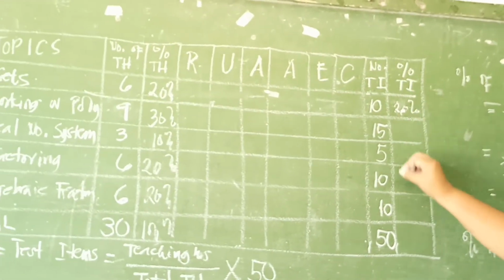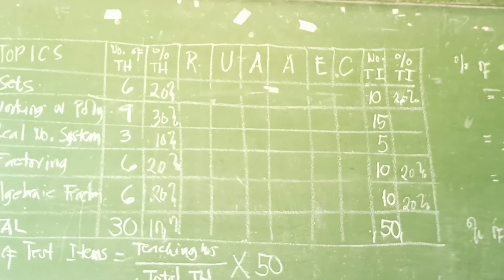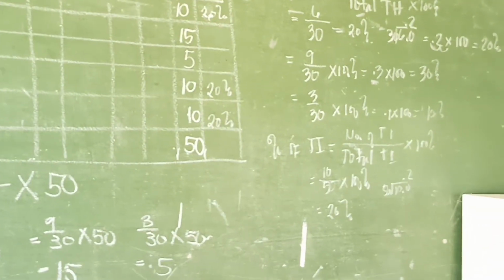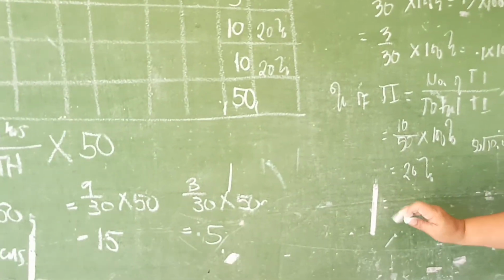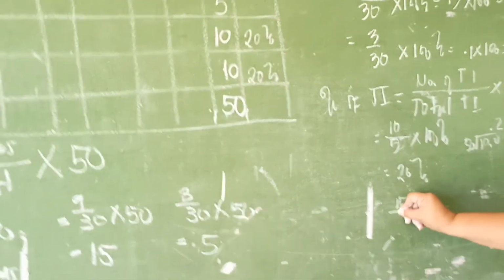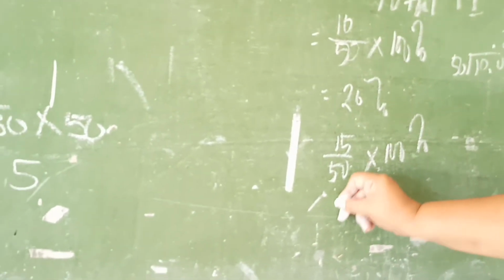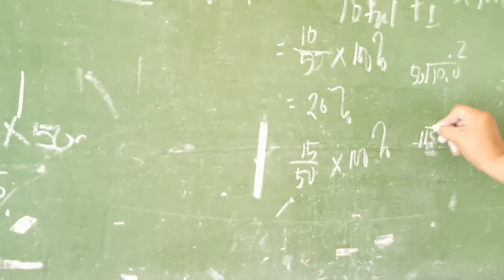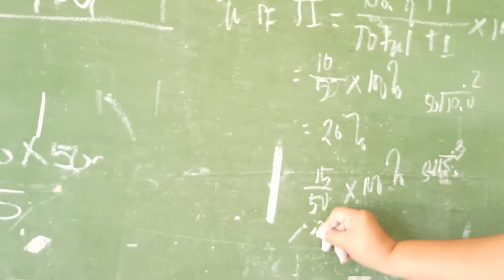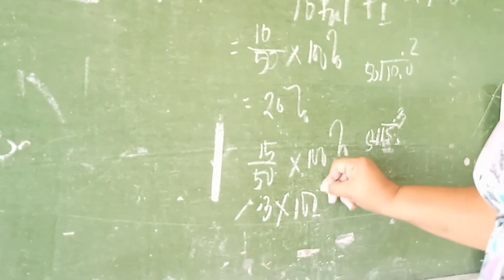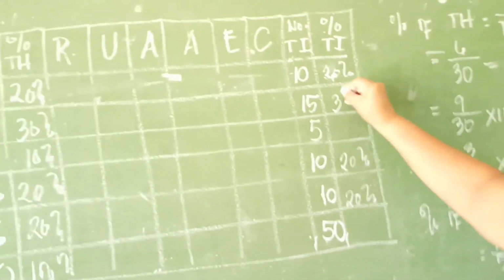So all those with 10 are 20%. If your number of items is 15, you have there 15 divided by 50 times 100%. So divide 15 by 50, that will be 0.3 times 100%, the answer is 30%.